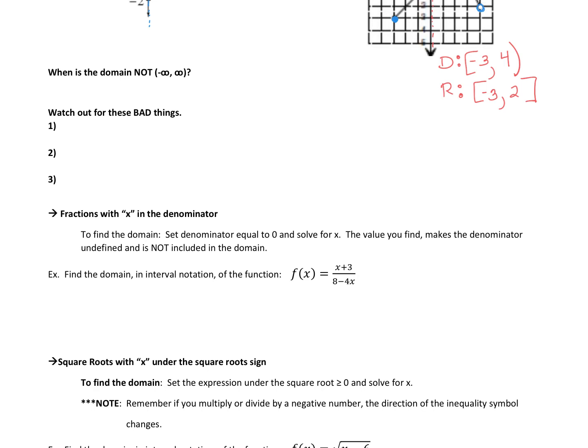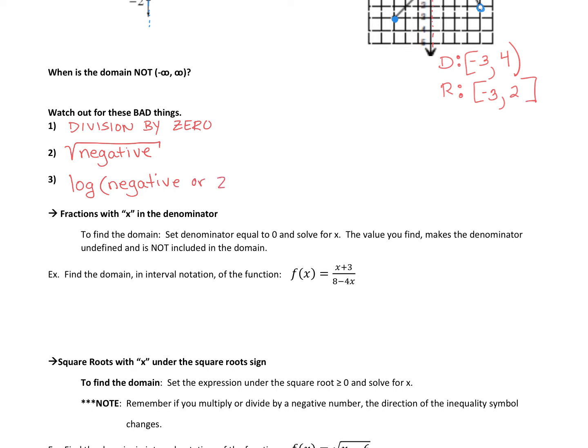Those 3 things are division by 0, the square root of a negative, and the logarithm of a negative number, or 0.